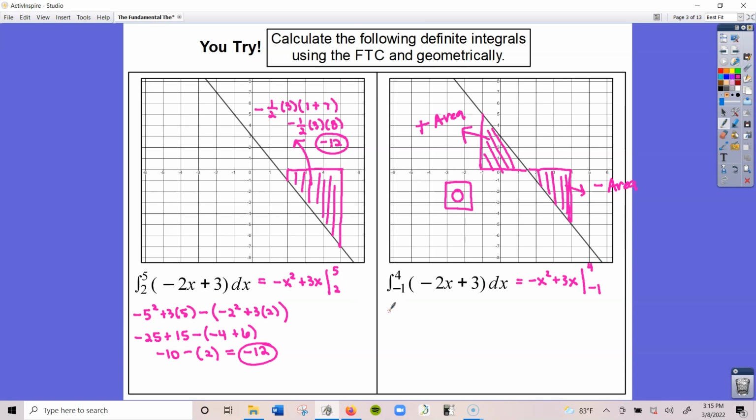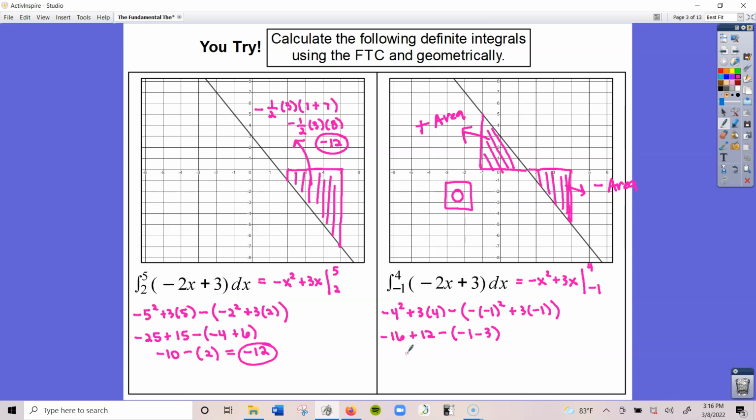Plugging in the 4 first, we get negative 4 squared plus 3 times 4 minus, open my parentheses, plug in the negative 1, so negative 1 squared plus 3 times negative 1. 4 squared is 16, and then the negative, so negative 16 plus 12, minus negative 1 squared is 1, and then the negative on the outside makes it minus 1 minus 3.